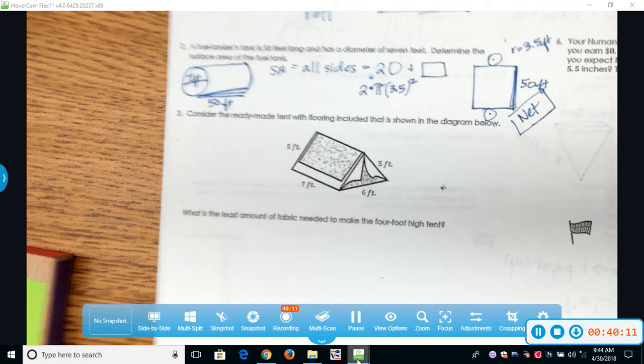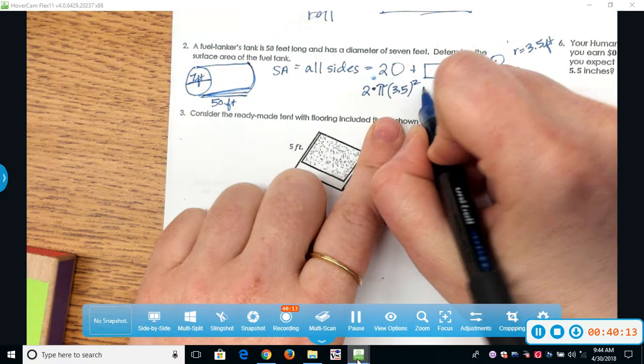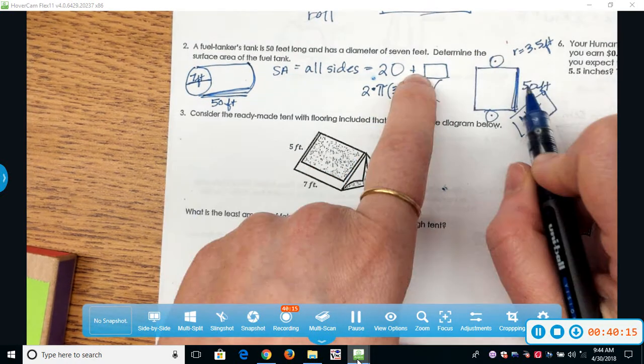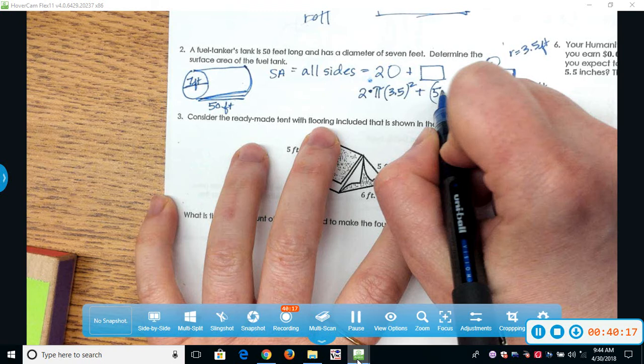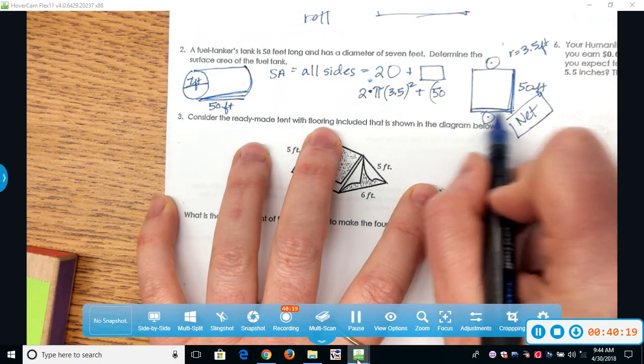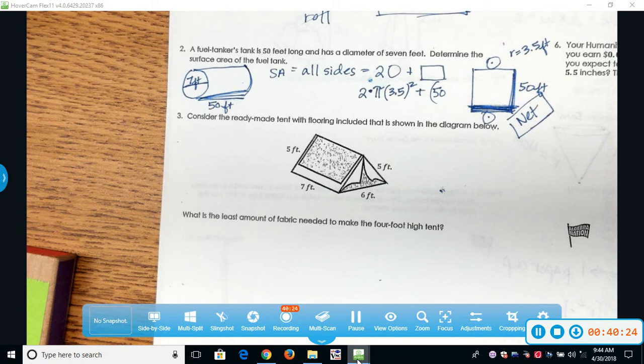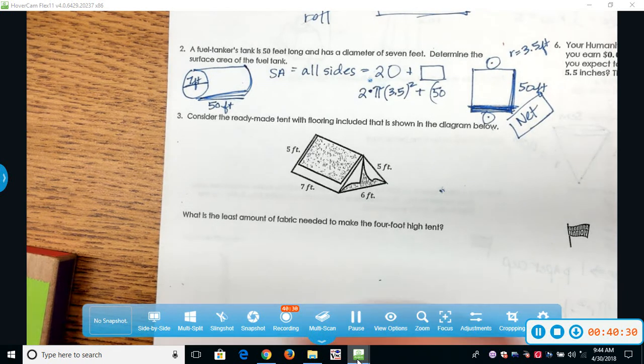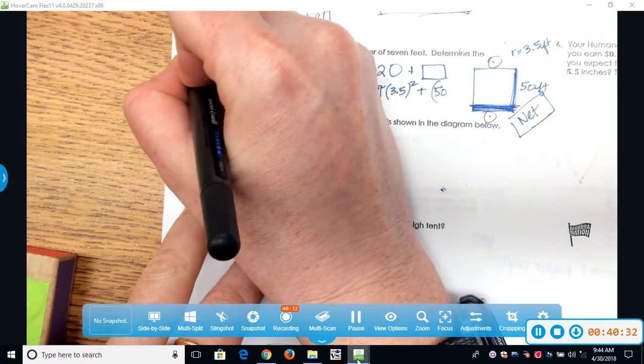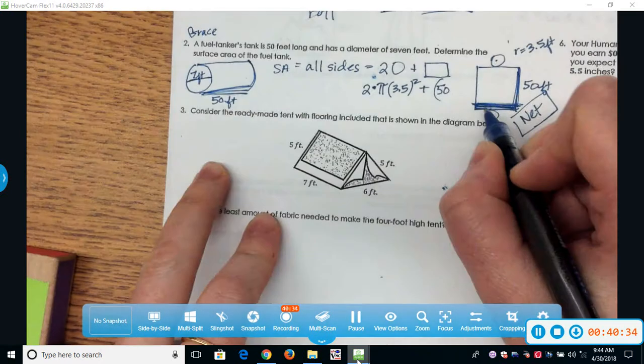Now what I need is to add the area of the rectangle. I know one of my dimensions is 50. Who can tell me what this is? Ooh, this is kind of, yeah, but what is it going to be numerically? Grace. Grace is getting points because she is totally right.